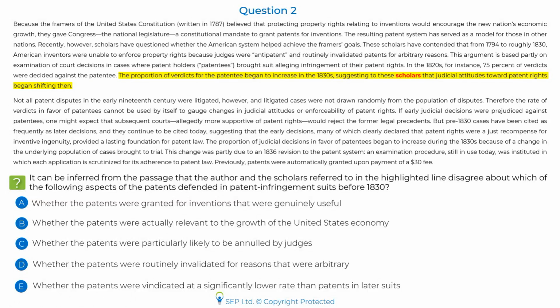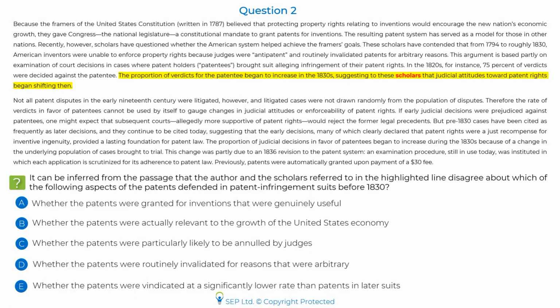I think a lot of you may not have understood the question stem in this case. So perhaps those of you who are struggling to eliminate the incorrect options and choose the right one should look at the question stem more closely. The question stem is saying it can be inferred from the passage that the author and the scholars referred to in the highlighted line disagree about which aspect of the patents defended before 1830. Now, the scholars referred to in the highlighted line does not mean that you have to draw the data from the highlighted line. Please understand that.